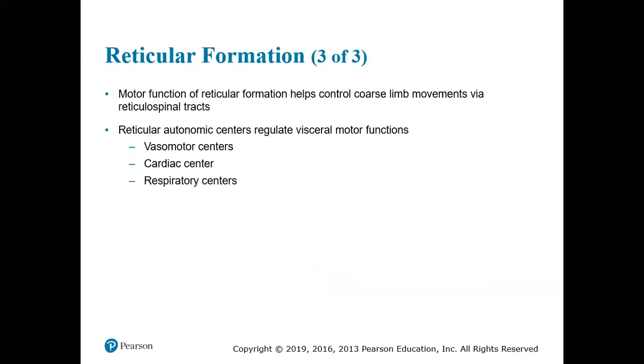Here are some things that are autonomic, the reticular autonomic centers. For example, we have vasomotor centers. We also looked at cardiac centers and respiratory centers. These are roles the reticular formation also plays.